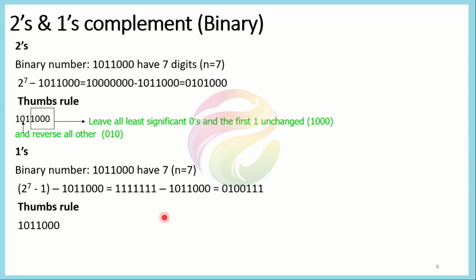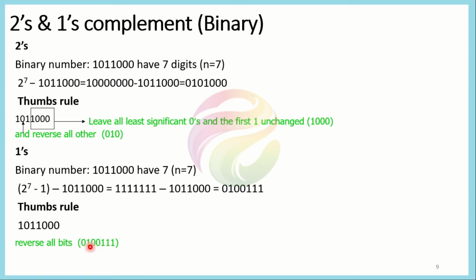Again, we can calculate it in a very easy way. The easy way is that for any given binary number, if you just reverse all the bits, meaning convert 0 to 1 and 1 to 0, this will result in the ones complement. So you can easily calculate the ones complement like here. And you can see that for this we have a result here, and if you see both of them, they have just a difference of 1.